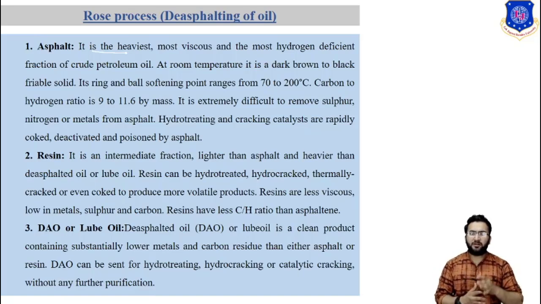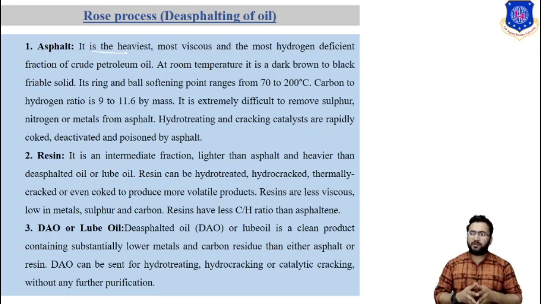At room temperature, it is a dark brown to black solid. Its ring and ball softening point ranges from 70 to 200 degrees Celsius. The carbon hydrogen ratio is 9 to 12 by mass. It's extremely difficult to remove sulfur, nitrogen or metal from the asphalt. Hydrotreating and cracking catalysts are rapidly coked, deactivated and poisoned by the asphalt.